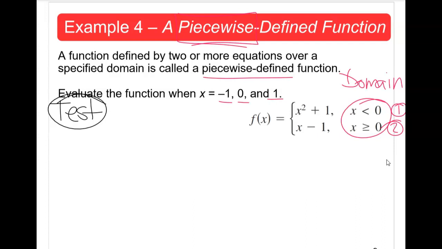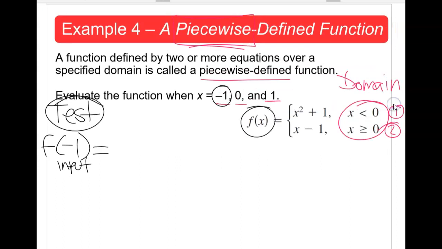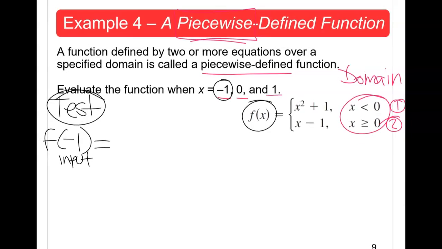So if we want to find, here's the name of the function, f of x. So the first number that we have here is f of -1. So what we have to check is if the input fits into the first category or the second category. And as you can see, -1 for x, that's what we're saying, it fits into the first category.